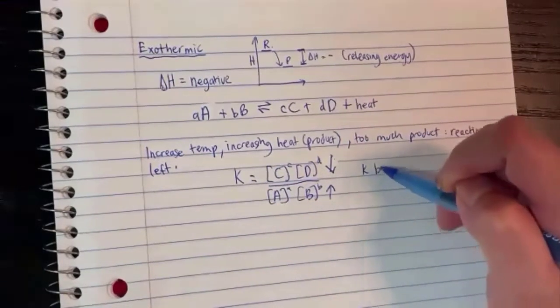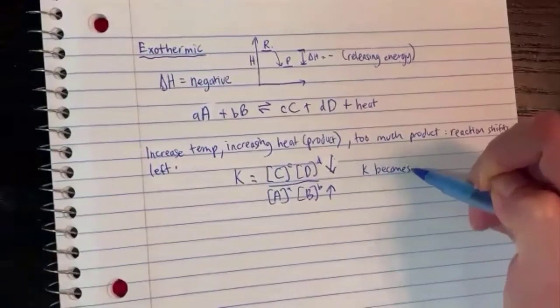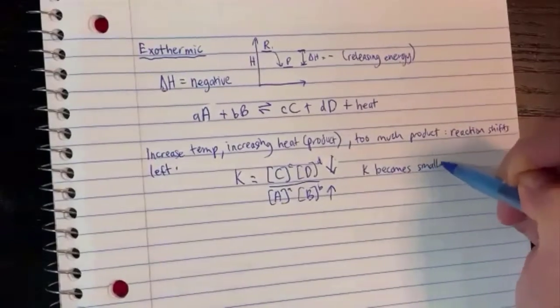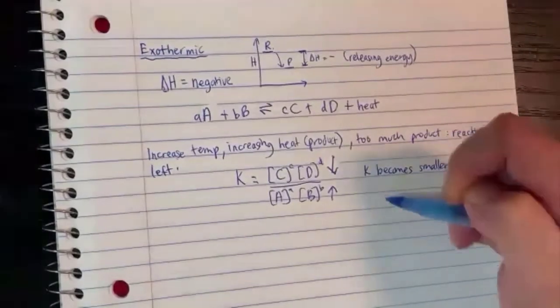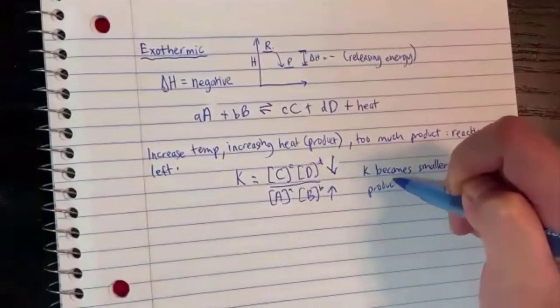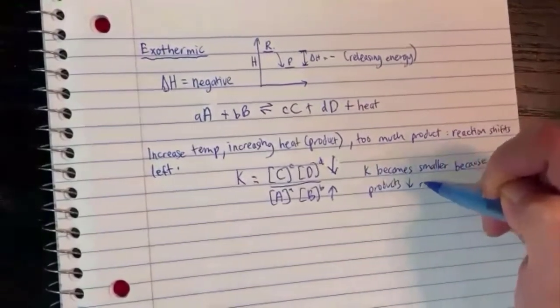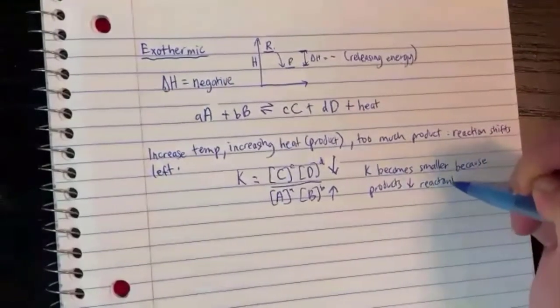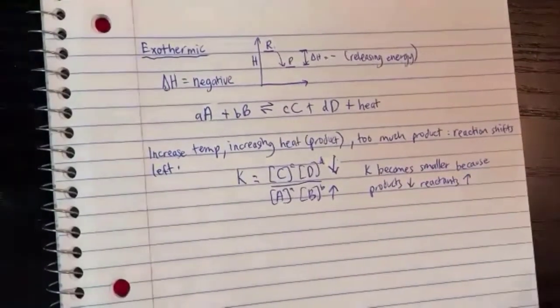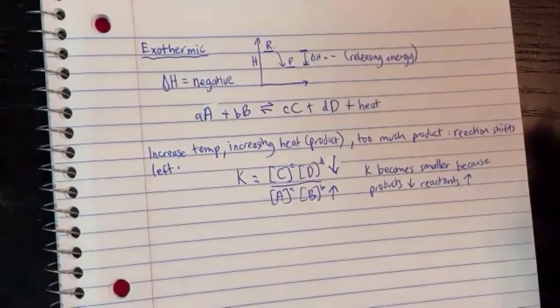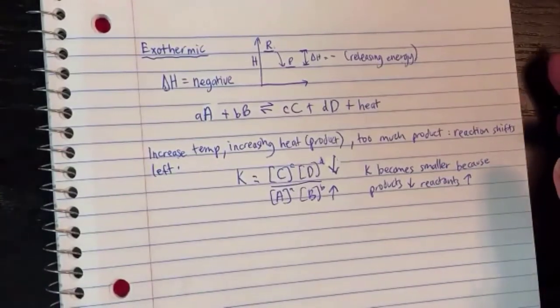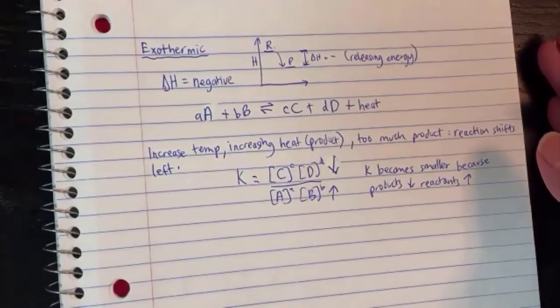So K becomes smaller because products are going down and reactants are going up. So if I had an exothermic reaction and I increase the temperature, the K will become smaller because the reaction is shifting left.